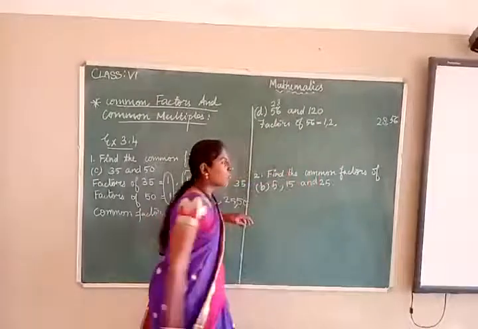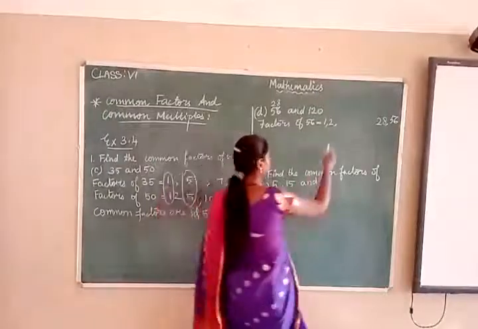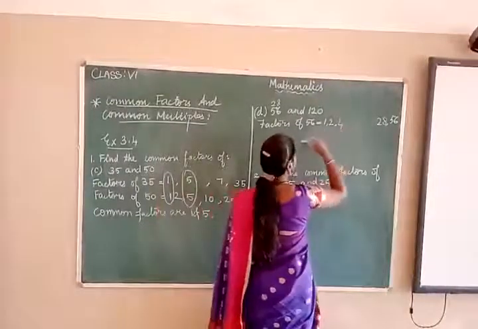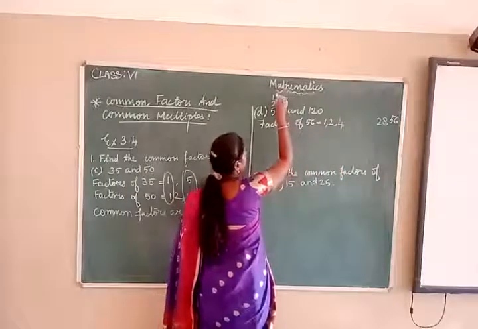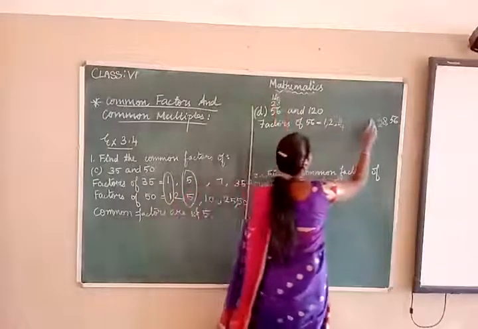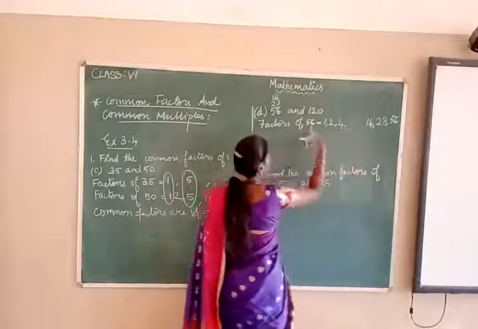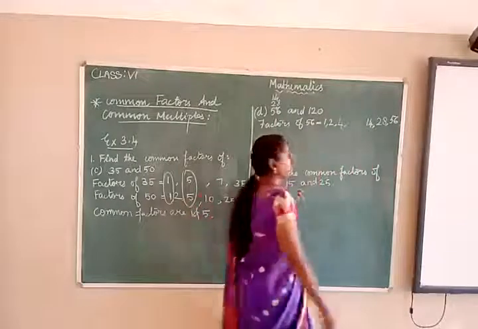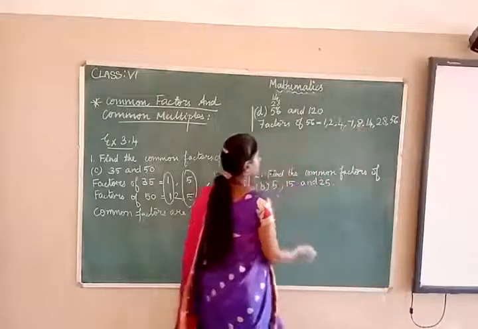No. Will it come in 4 table? Yes. 4 14s are 56. Will it come in 6 table? No. Will it come in 7 table? Yes. 7 8s are 56. So these are the factors of 56.